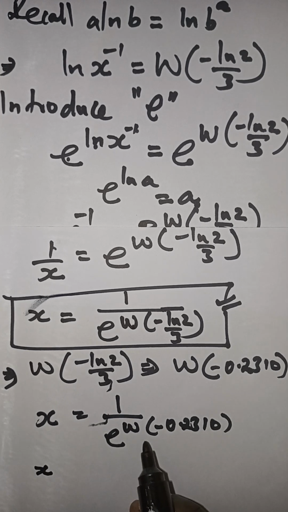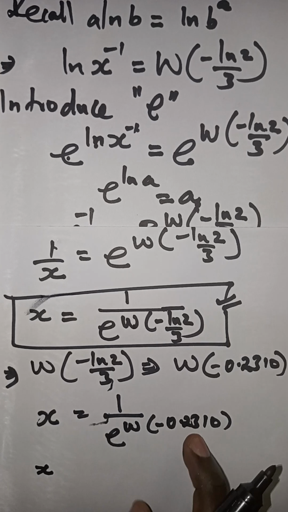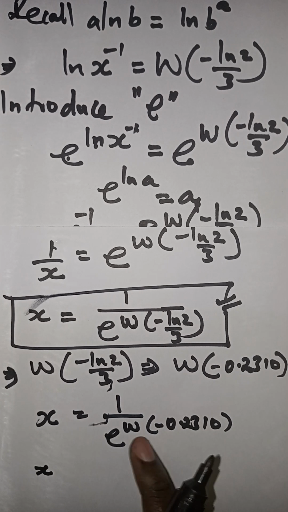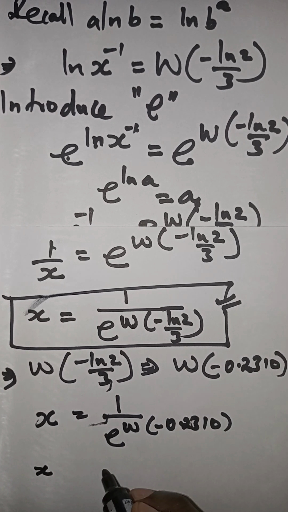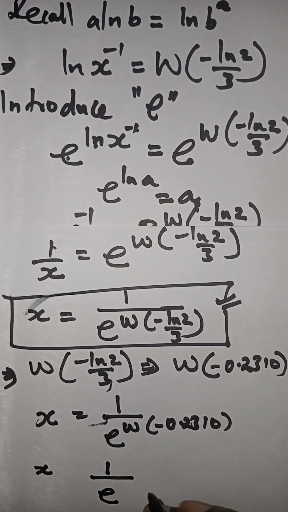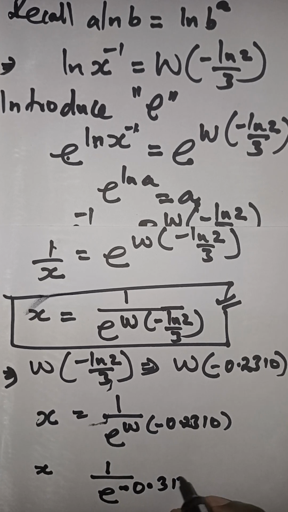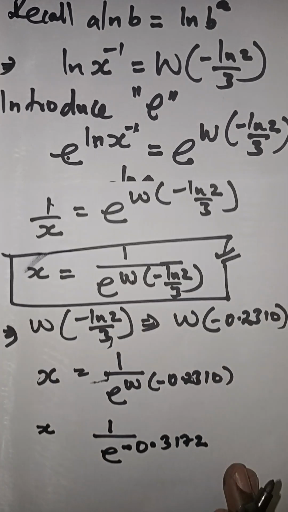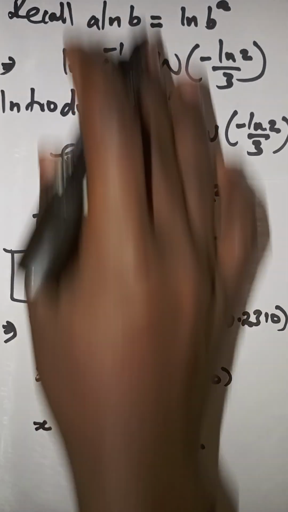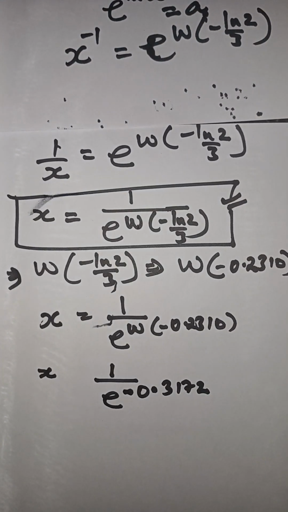Next step, simplifying this in our calculator, the Lambert function, the W of this, you're going to get 1 over the exponent of negative 0.3172, like that.